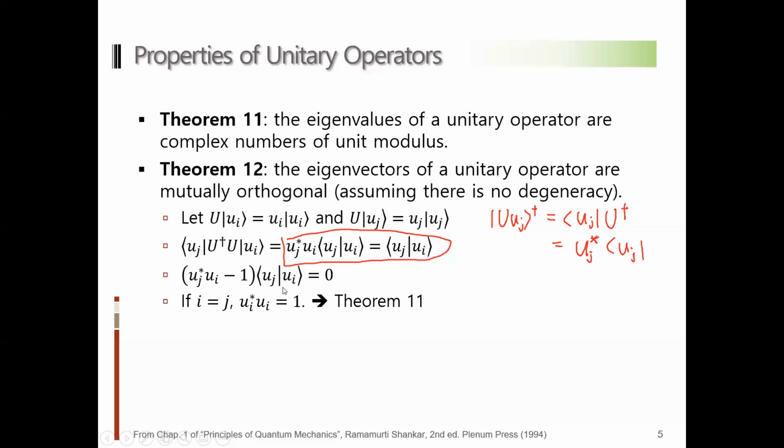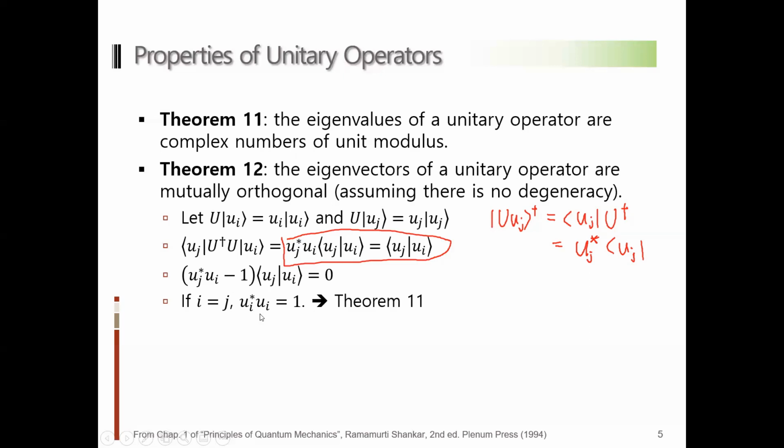And because the vector is a non-zero vector, this part cannot be zero. So the only way to make the entire product become zero is to make this part zero. And if i and j are the same, then this one will turn into this one. And do you remember what this is? Can you see the meaning of this one?